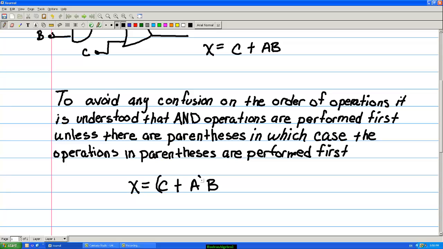This here would describe a circuit where we would have an OR gate with two inputs, A and input C, and then that would be fed into an AND gate and ANDed with the B input.